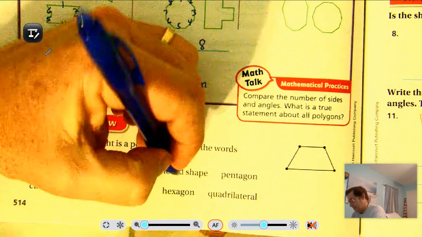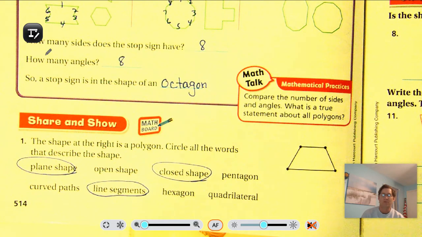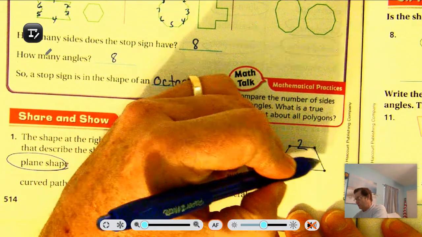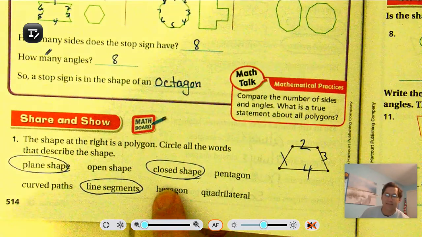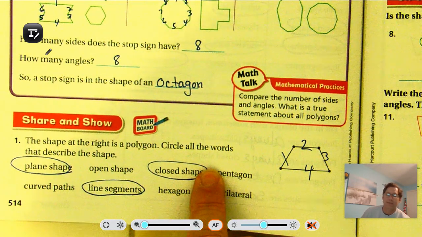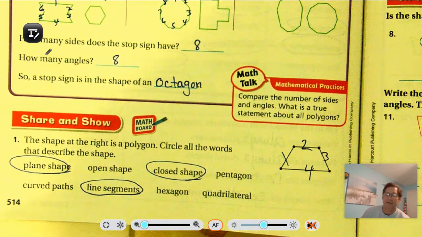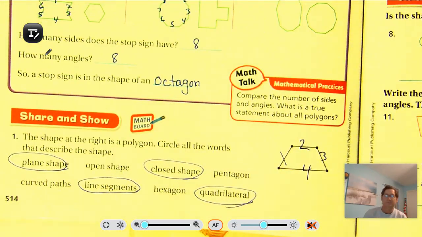Closed shape? Yes. Is it a hexagon, pentagon, or quadrilateral? Well, how many sides does it have? 1, 2, 3, 4. Hex means 6, so a 6-sided figure? Nope. Pent means 5. It's not a 5-sided figure. Quad means 4. It is a 4-sided figure.